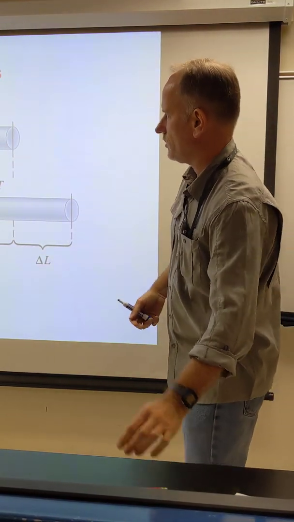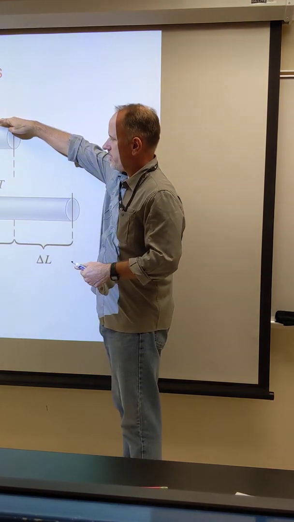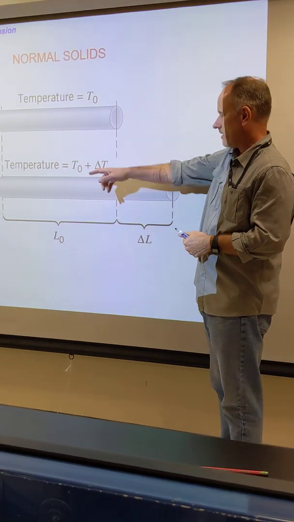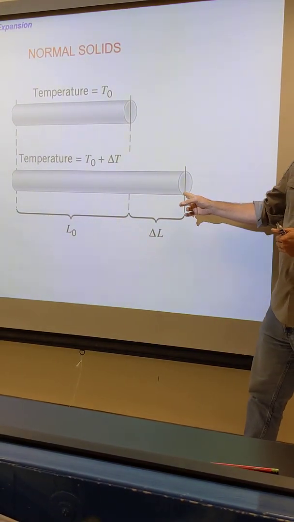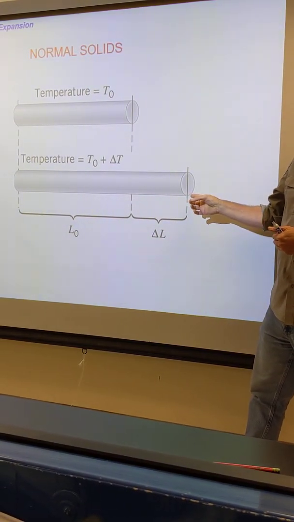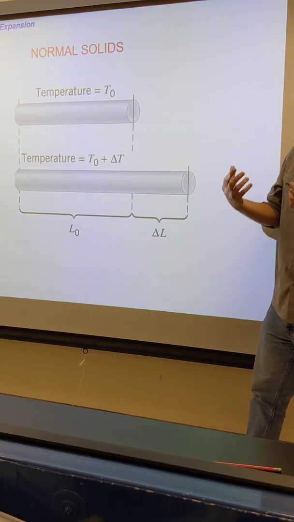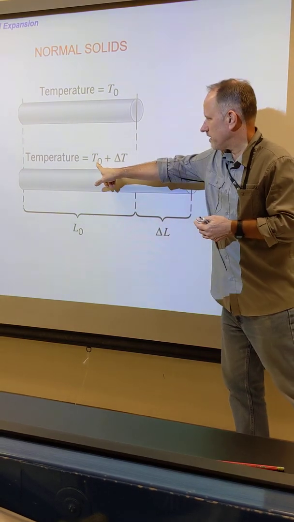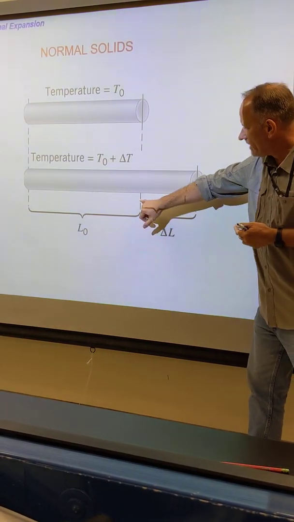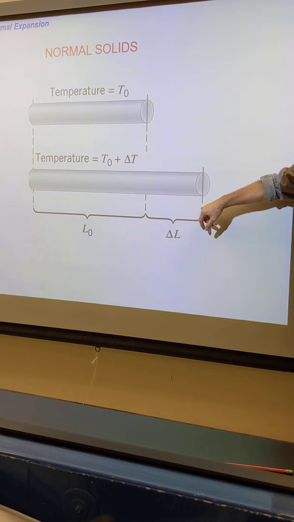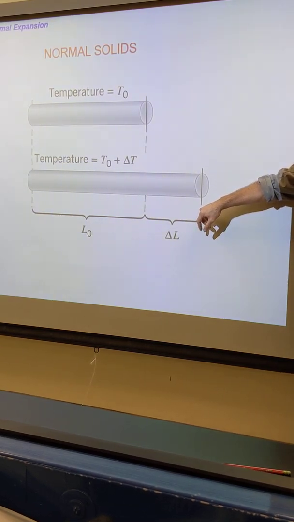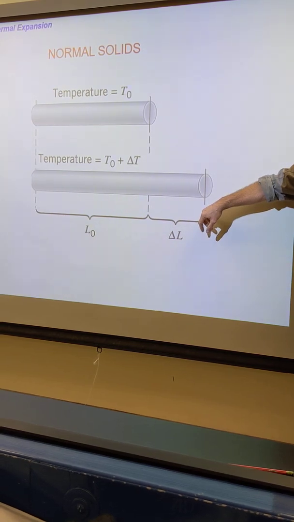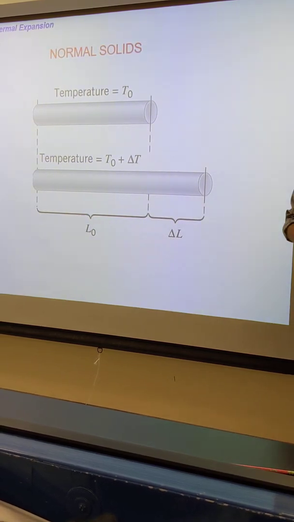And that's what they're trying to show you here. Start at some temperature, somehow the temperature changes. This implies the temperature is increasing or decreasing? Increasing. We typically, things expand when they heat up. Okay. So temperature plus some change leads to a delta L, a change in the length of the object.